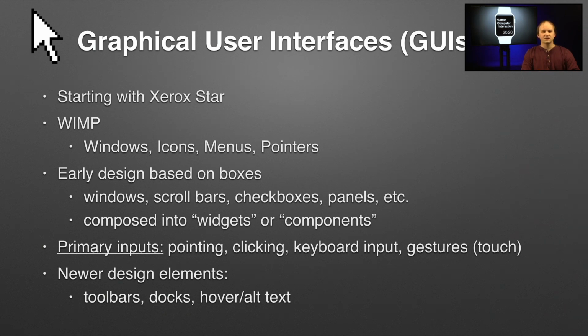We also see concepts like toolbars being pretty common, docks. On a traditional GUI, hovering over something to get an alternate description of what the tool does. So we see things represented as icons quite a bit, and the hovering becomes important, which is also interesting when we switch over to touch-based interfaces where you can't necessarily map that as easily.